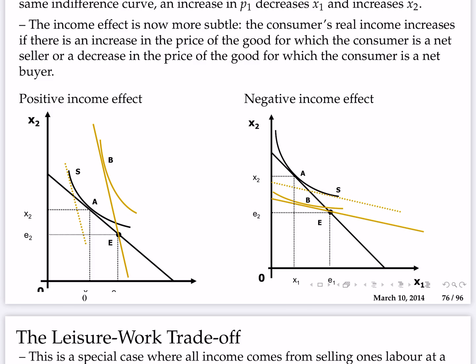If you have more income, what are you going to do? You're going to eat more of the potato, if potatoes are normal goods, right? So the explanation here is quite different from the previous explanation, because it relies on the fact that the potato is an important part of the income. Even if the potato is a normal good, this model can predict the increase in the consumption of potato when price goes up.